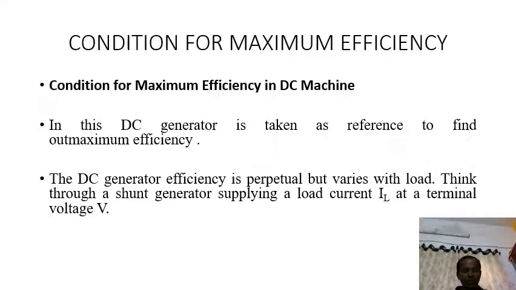These losses are friction loss at the bearings and windage loss. Friction and windage losses are produced in the rotating armature. These losses are about 10 to 20% of full load losses.